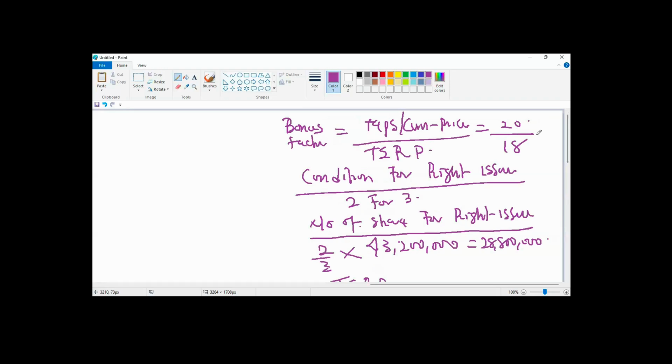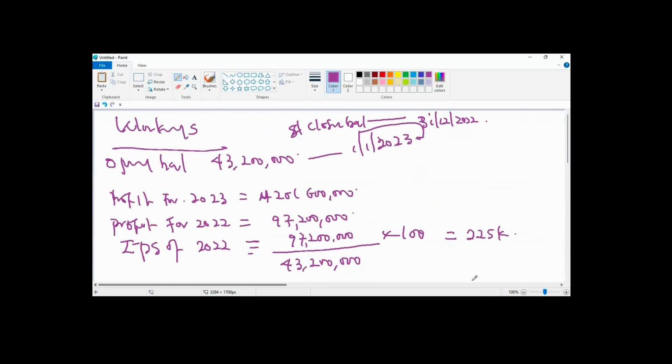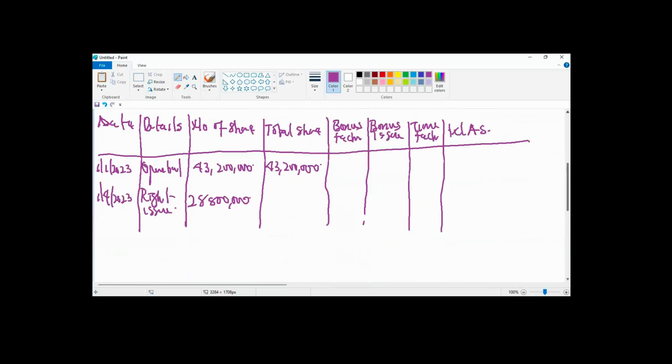So I'll go to my table and check. The rights issue is 28,800 plus 43,200. It must be given the bonus factor of 20 over 18.